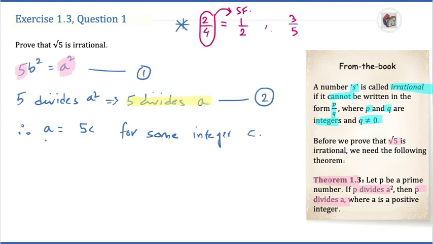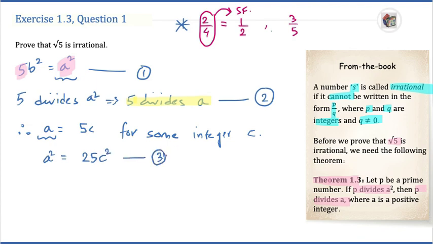Now, I want to just connect this somehow with equation number 1. In equation number 1, you see you don't have a, you have a squared. So what you have to do here also is to change this a into a squared. And how can you do that? You will just square both sides of this. So this will become a squared is equal to 25c squared.